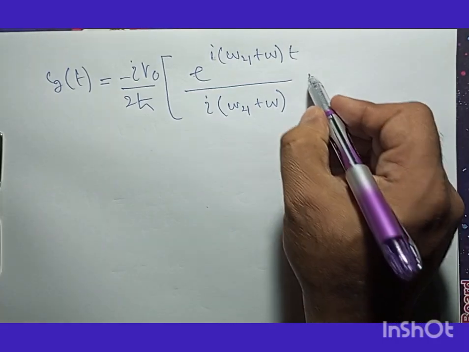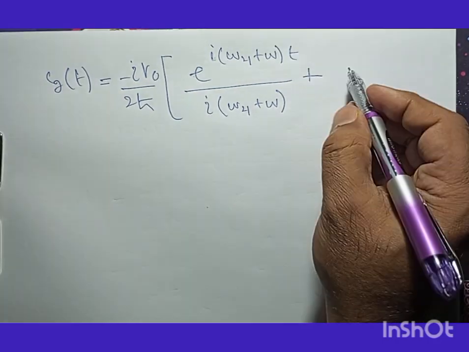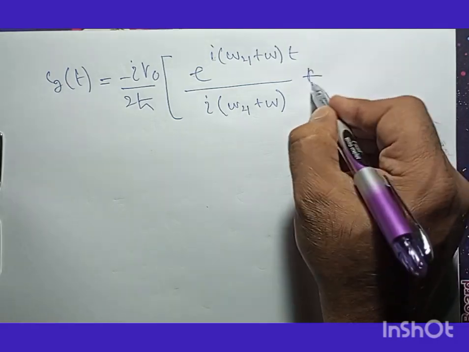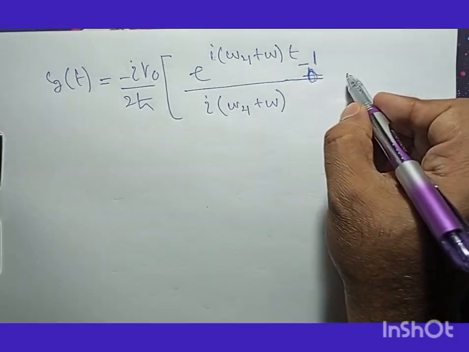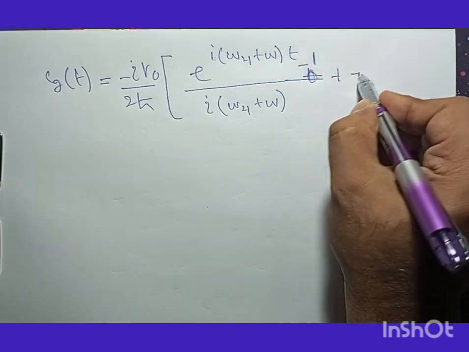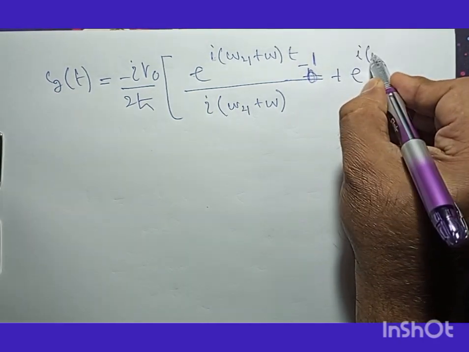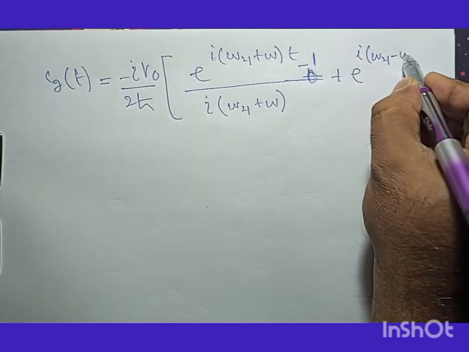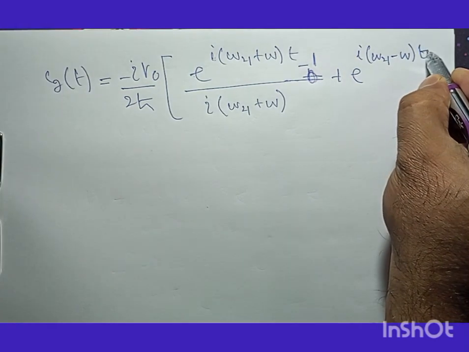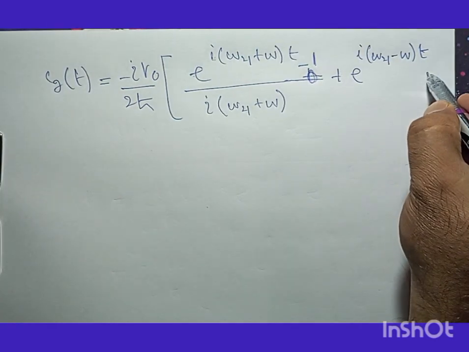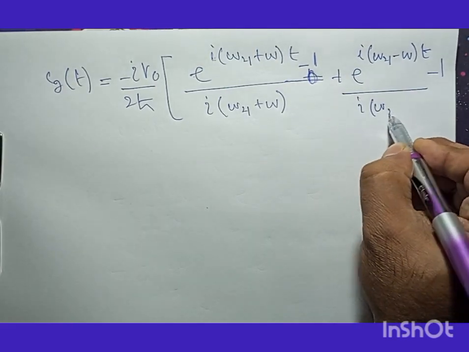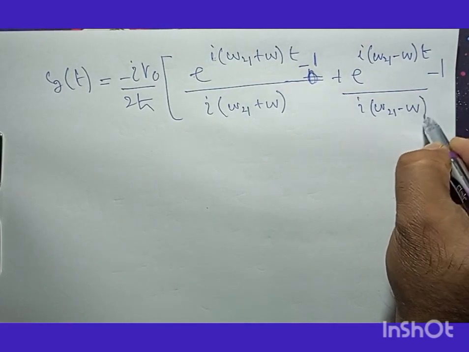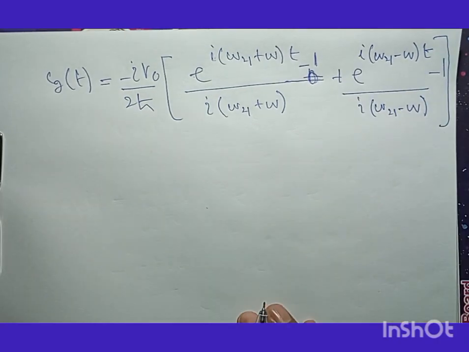This will be for the first term. For the next term we will have plus e to the power of i (omega21 minus omega) t, the upper limit, minus 1, divided by i (omega21 minus omega). So the integration is gone.